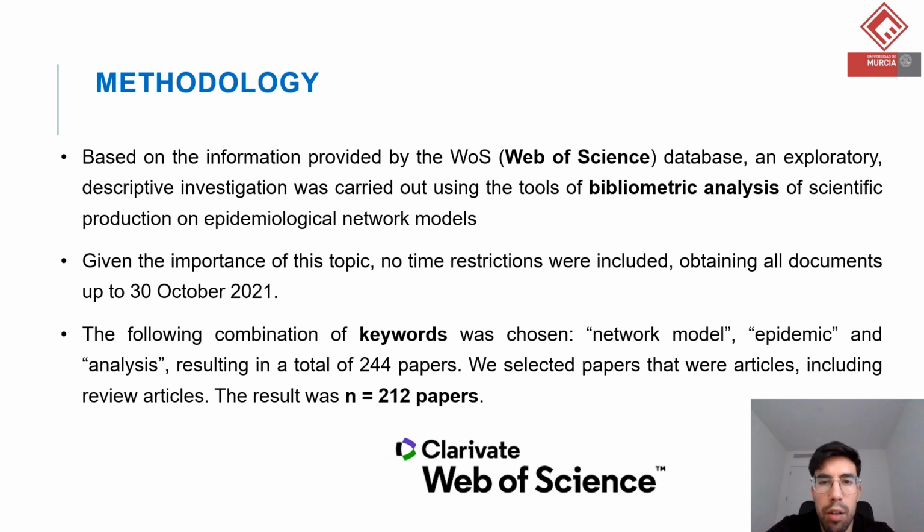Based on the information provided by the Web of Science database, an exploratory descriptive investigation was carried out using the techniques and tools of bibliometric analysis of scientific production on epidemiological network models, describing how certain fields of research are related and how they evolve over time.